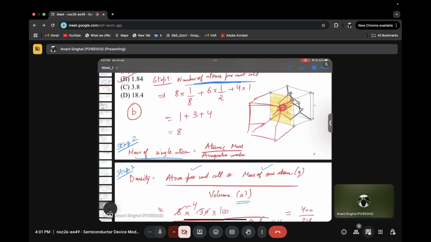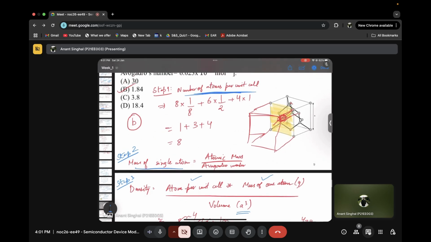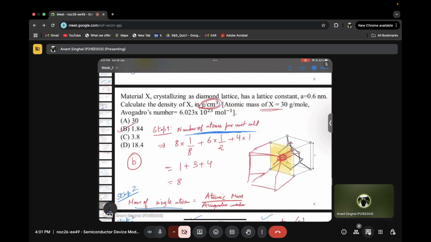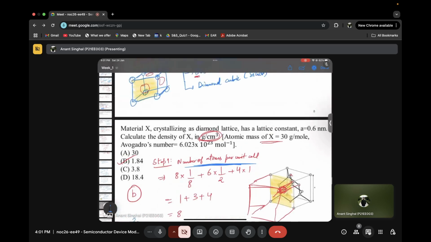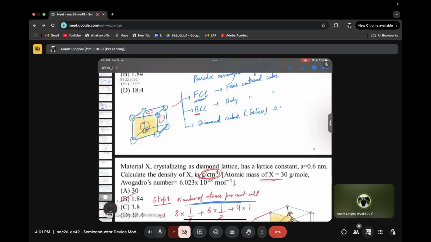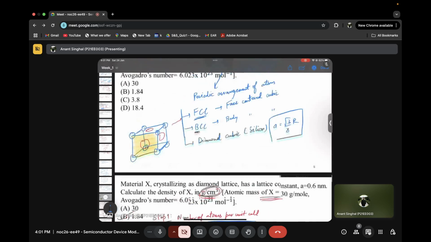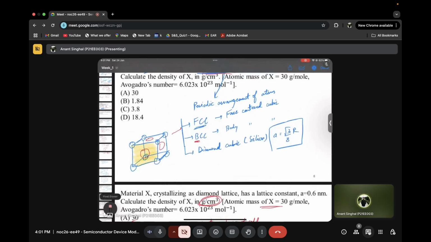So a can have different values depending upon the different types of structures. For example, in the diamond lattice, we have a as 8r over root 3, where r is the radius of the atom. For BCC, I think we have a as 4r over root 3, and for FCC, oh sorry, I think I've done something wrong.